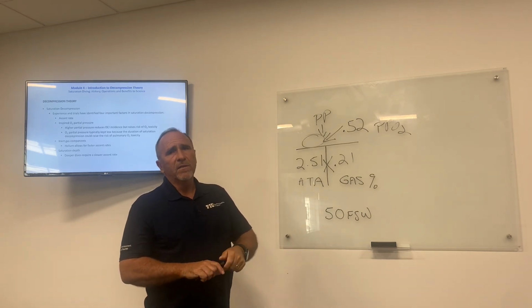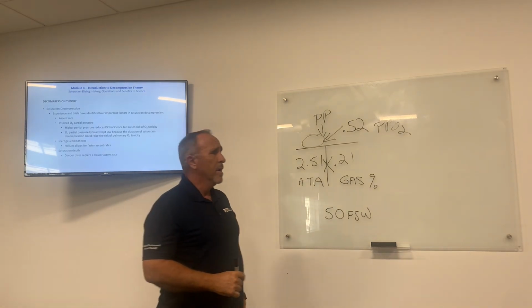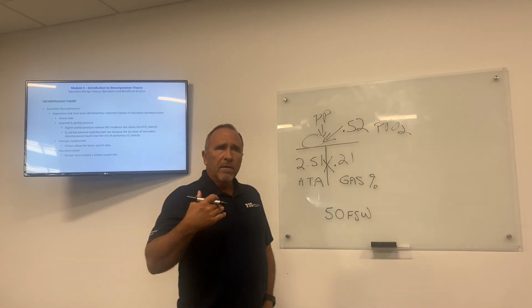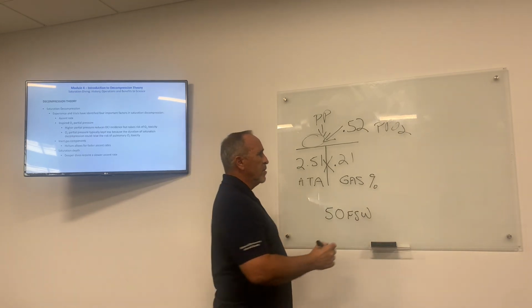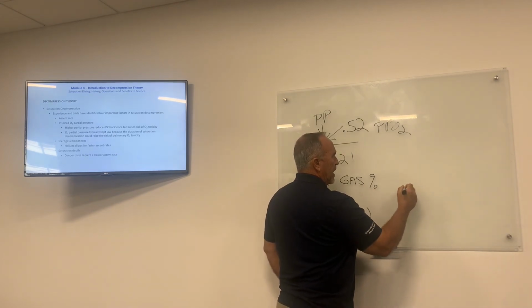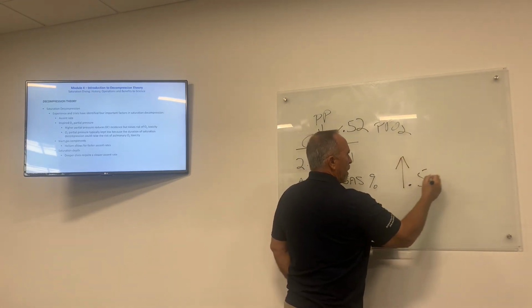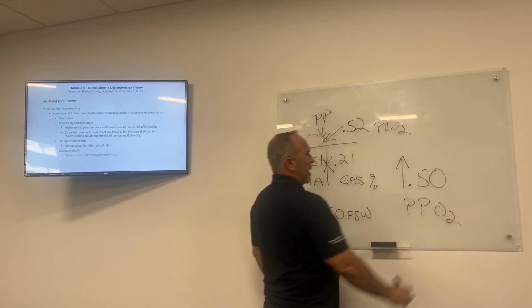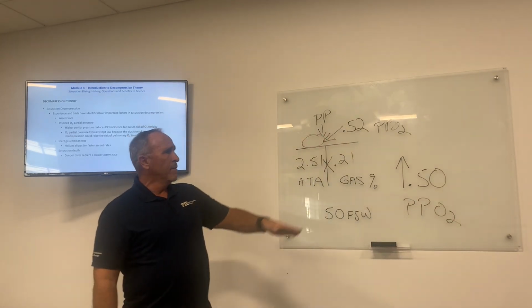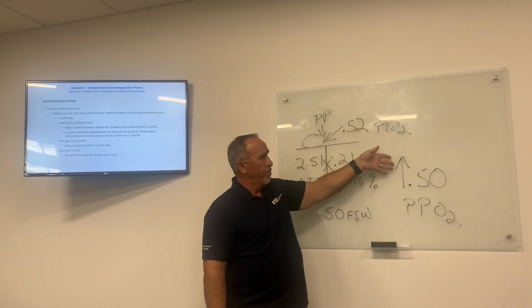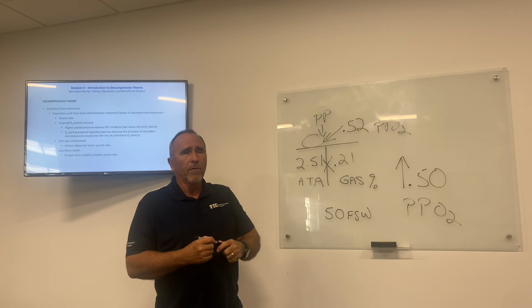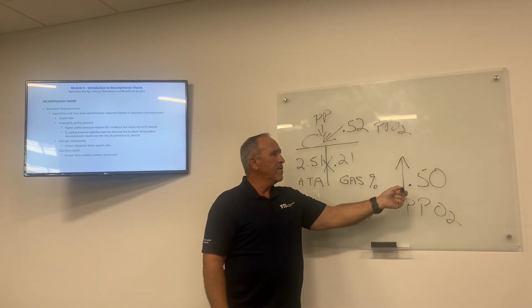Pulmonary oxygen toxicity is something that we have to consider. Pulmonary oxygen toxicity is not a consideration until we basically exceed 0.50 partial pressure of O2, okay? Obviously, the more you exceed that, the quicker it's going to present itself, but you need at least 24 hours.